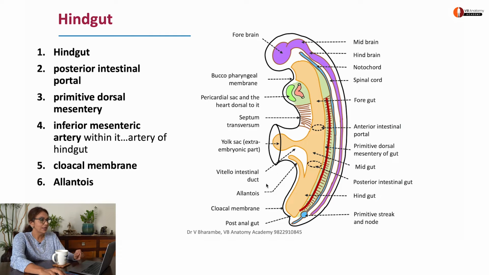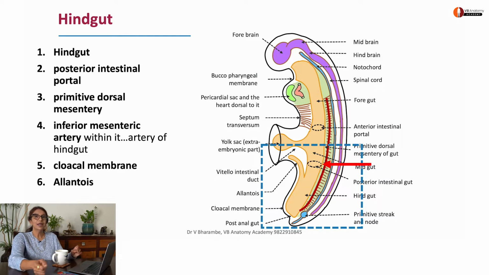So visualize. I want you to bring your attention to this hindgut. See, this is the gut tube: foregut, midgut, and now this is the hindgut, everything beyond the posterior intestinal portal. What is the posterior intestinal portal? It's the junction of the right two-thirds and left one-third of the transverse colon in the adult.